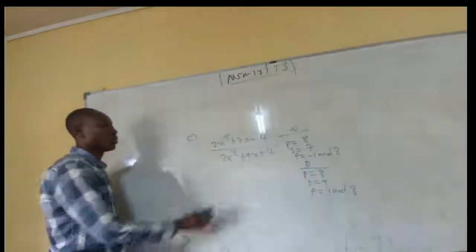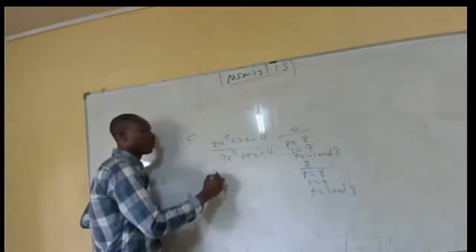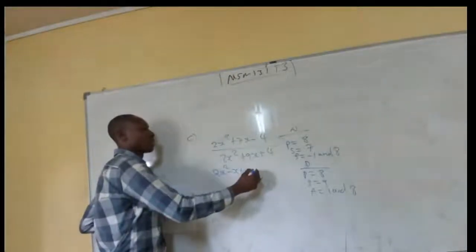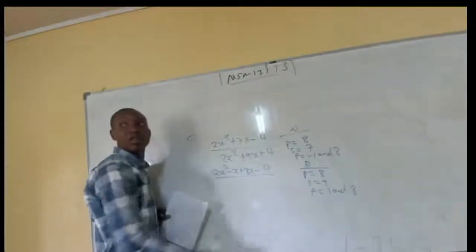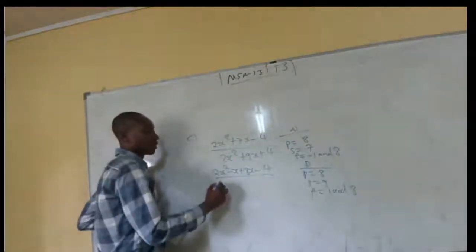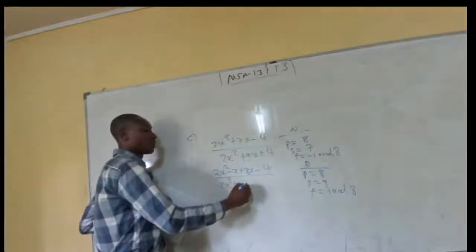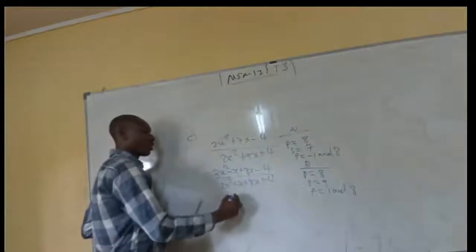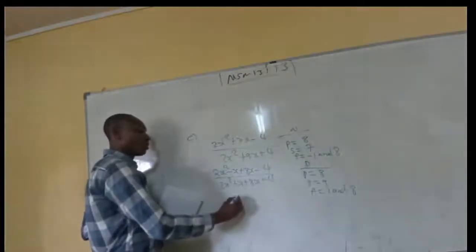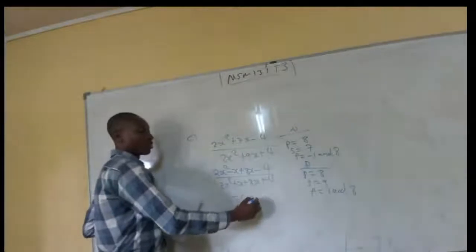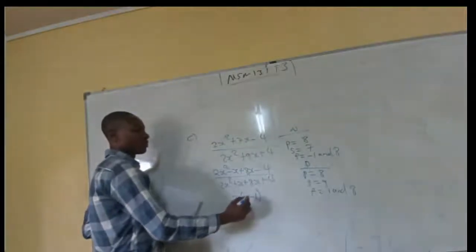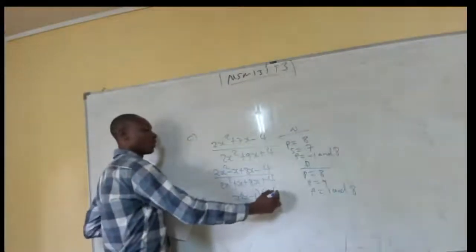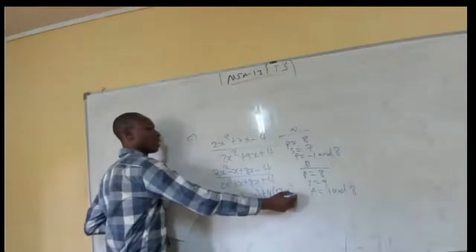Alright, so replacing them, we have 2x squared minus x plus 8x minus 4, everything over 2x squared plus x plus 8x plus 4, right? Then if I factor out what's common, we have x common, then x(2x minus 1), then plus 4 is common, so we remain with 4(2x minus 1).